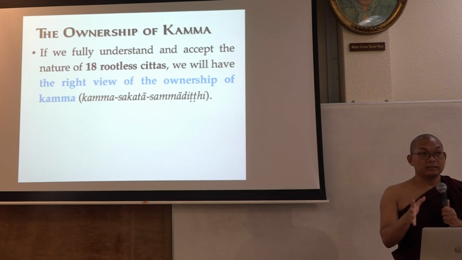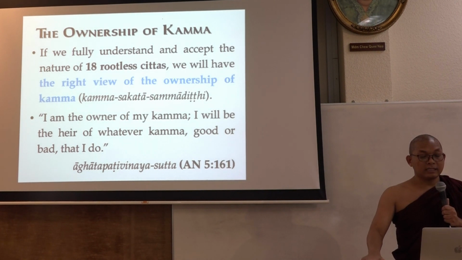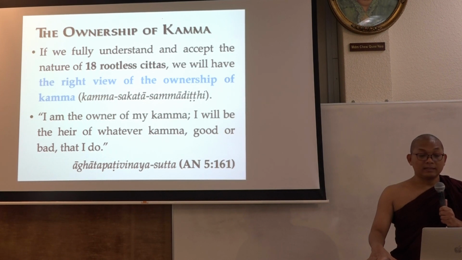Kammassakata sammadiṭṭhi. So I will quote one sutta, the Abhinhapaccavekkhana Sutta from the Anguttara Nikaya. In that sutta, the Buddha talks about the ownership of karma. I am the owner of my karma. I will be the heir of whatever karma, good or bad, that I do.